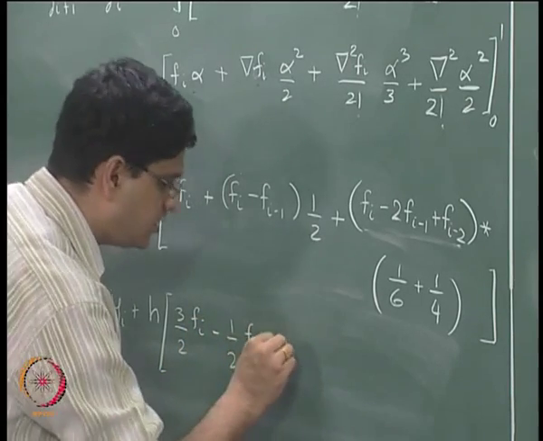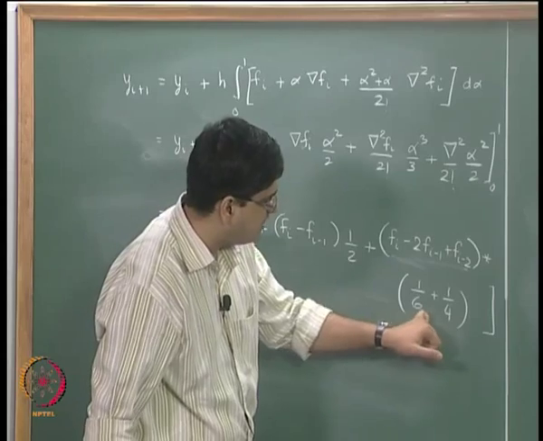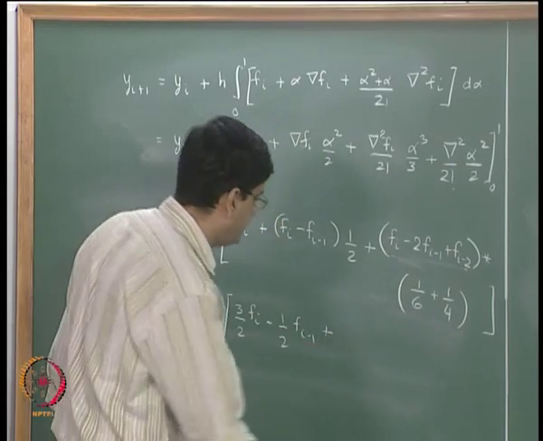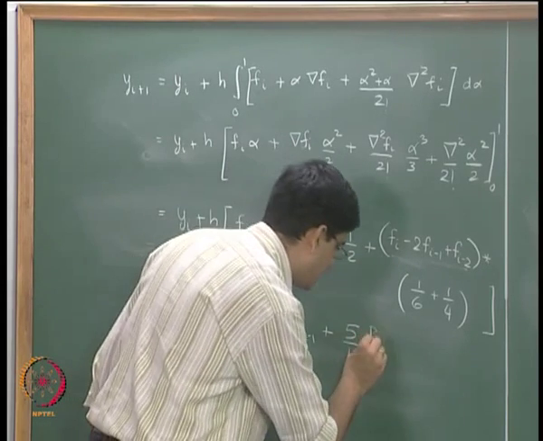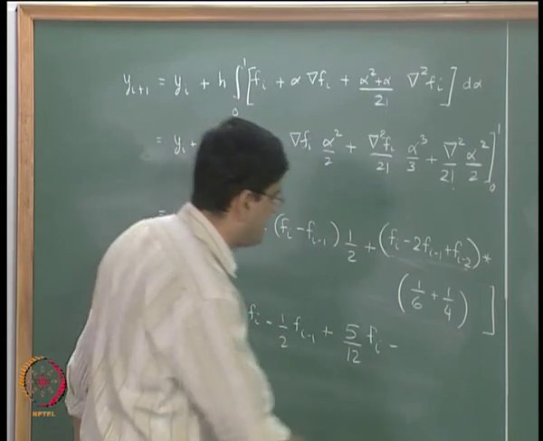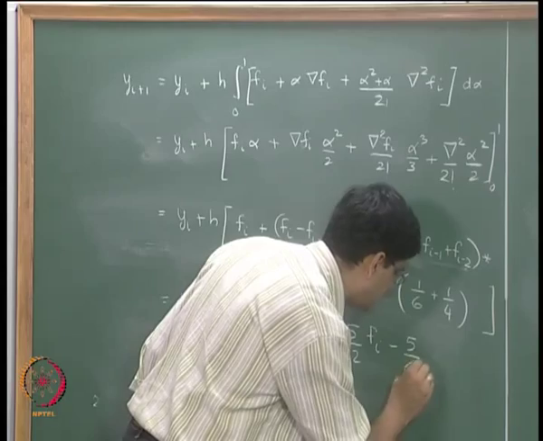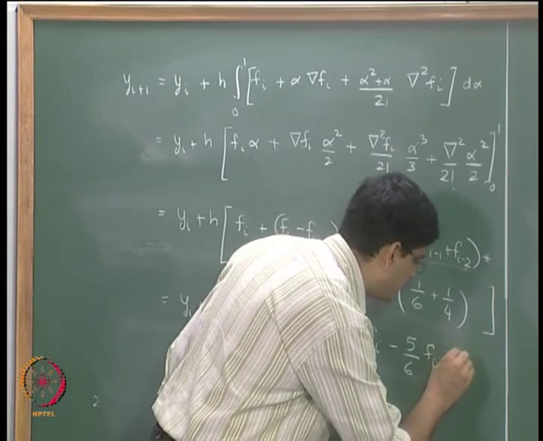Okay, so that is going to be yi plus h times 3 by 2 fi minus 1 by 2 fi minus 1 plus this term is going to be 4 plus 6, 10 by 24, 10 by 24 is 5 by 12, plus 5 by 12 fi minus 2 multiplied by 5 by 12, that is 5 by 6 fi minus 1 plus 5 by 12 fi minus 2.